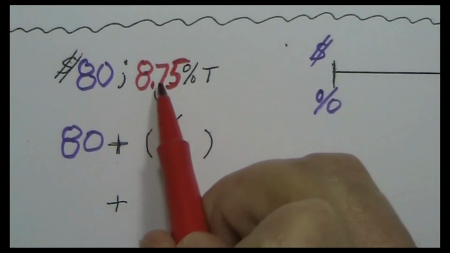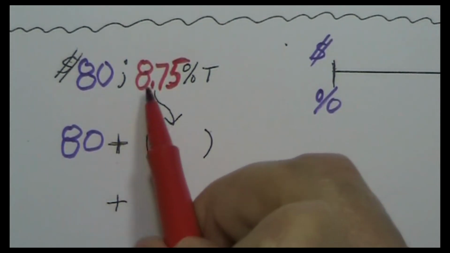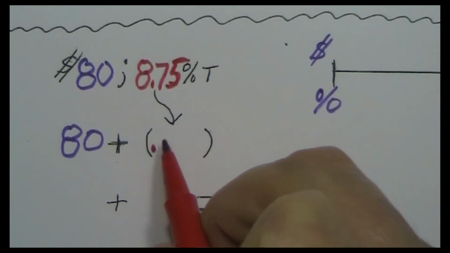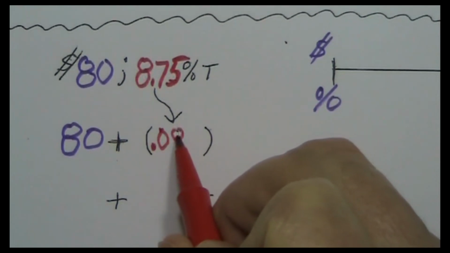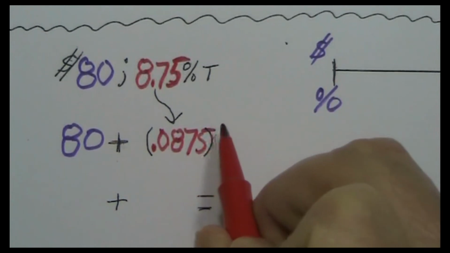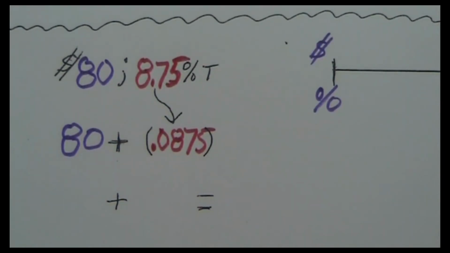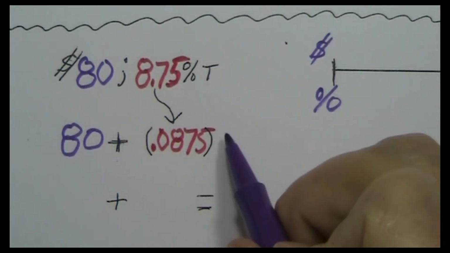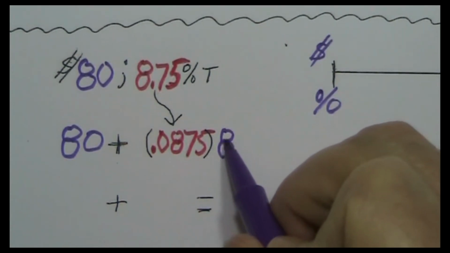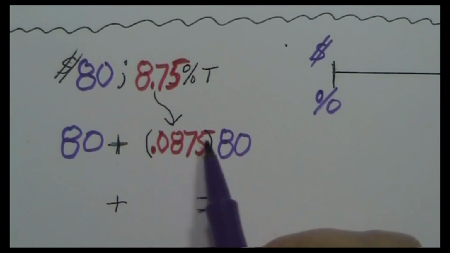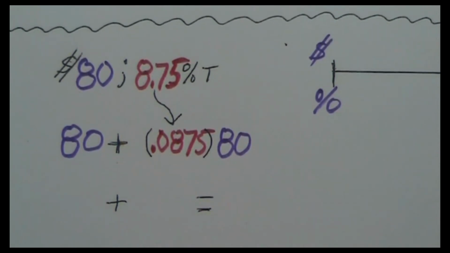Yeah, to make a percent to decimal, I have to move it 2 spaces over to the left. So that's going to be 0.0875. That's the same thing as 8.75%, and I'm going to multiply that by 80, because that's how much of 80 I'm going to have to add.